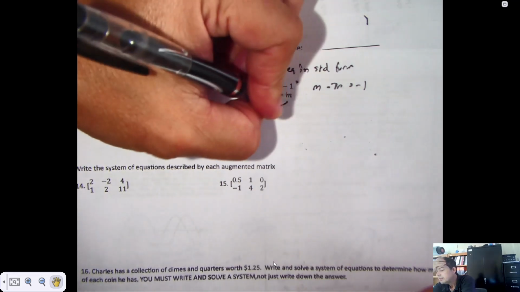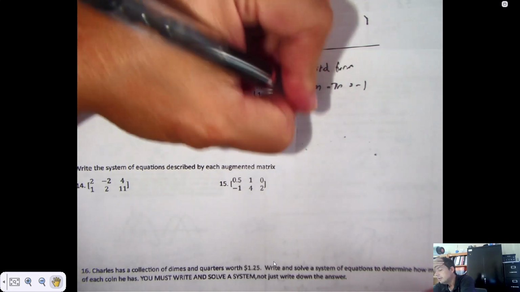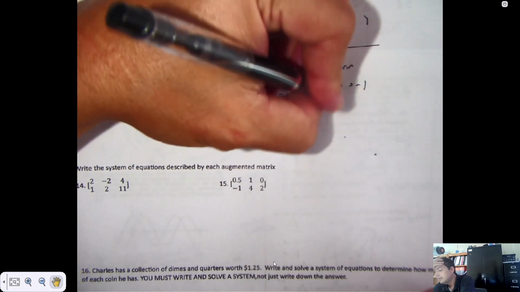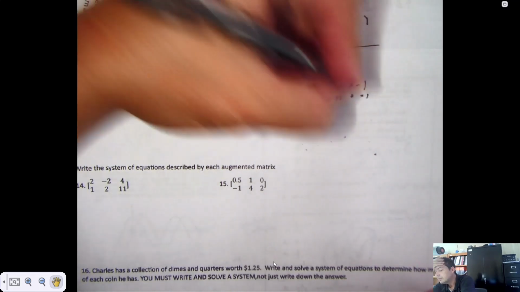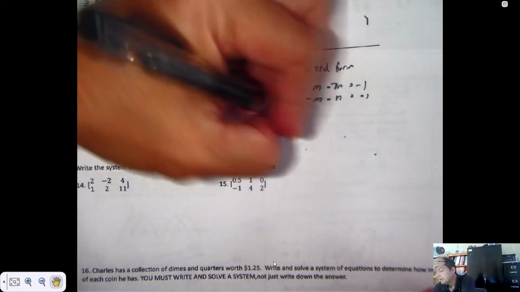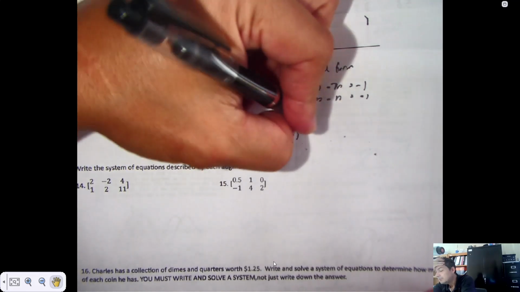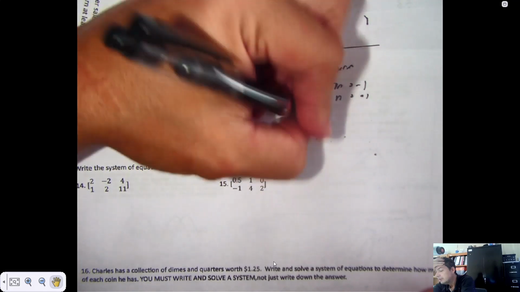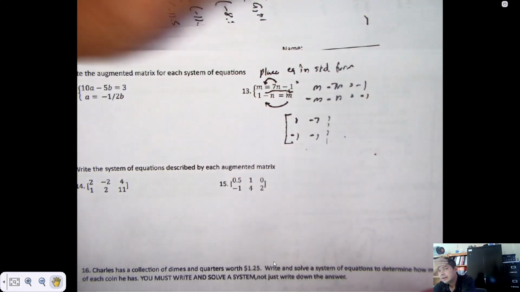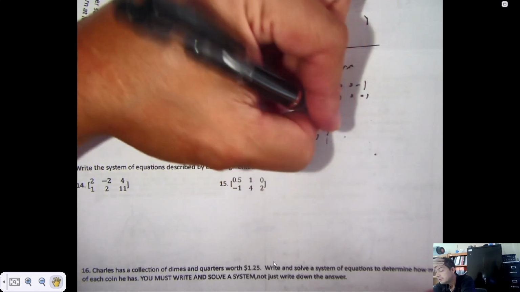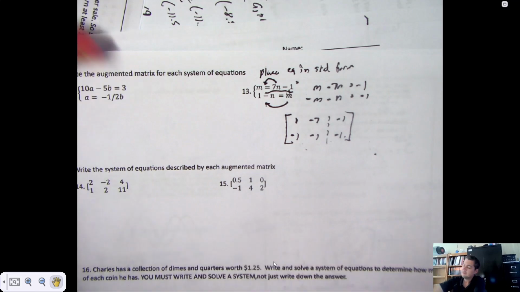And if I move this guy on over, it's going to become negative M minus N equals negative 1. My augmented matrix would look pretty simple. The M column is 1 and negative 1. The N column is negative 7 and negative 1. The dashed line that the augmented matrix is supposed to have represents the equality symbol. And then the constants, negative 1, negative 1.